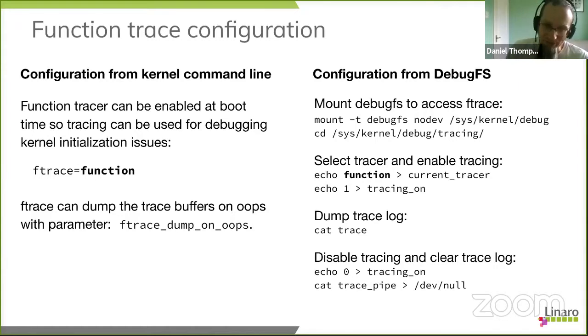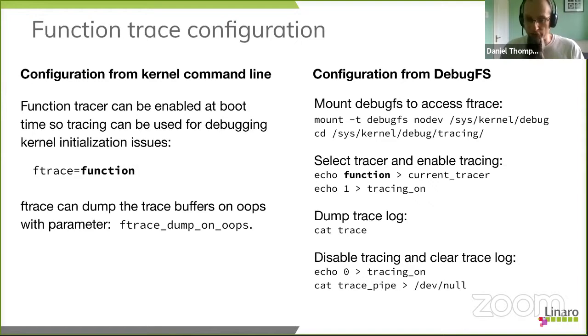So it's a worthy habit to get under your fingers to automatically turn the tracing on whenever you want it to be on, because otherwise you forget about it. But the default is it comes up with tracing turned on anyway. Once you want to see the trace, if the system hasn't crashed, we can simply cat trace. You can also rely on things like ftrace_dump_on_oops if you would like to. And then finally, if we want to clear out data, we can disable tracing and clear the trace log. So we can write 0 to tracing_on just to stop stuff being written to the buffer.